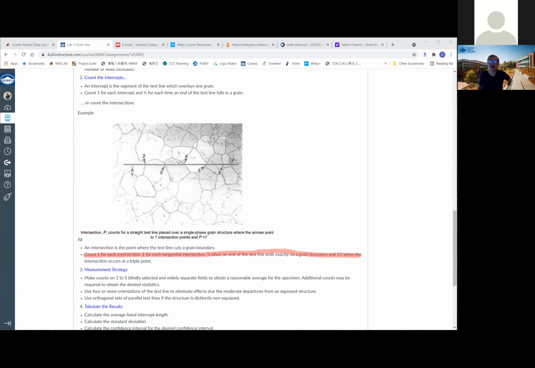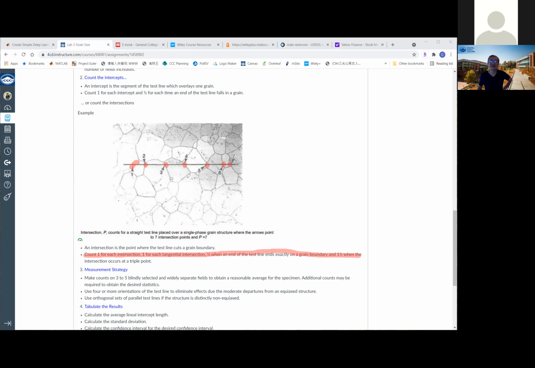When you draw a line, you're going to see that this line goes across a boundary. If you have an intersection, which means the line goes across this one here, then you have a 1. And this one, you have another 1. This one, you have another 1, etc. This one here.